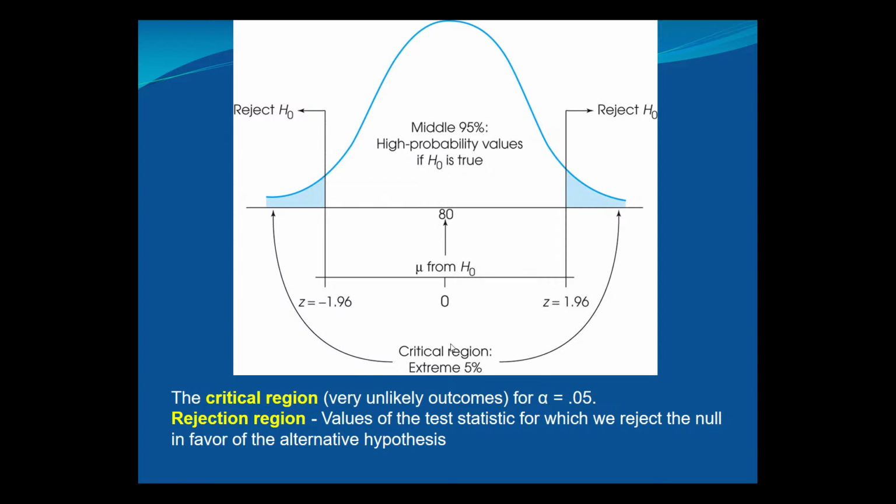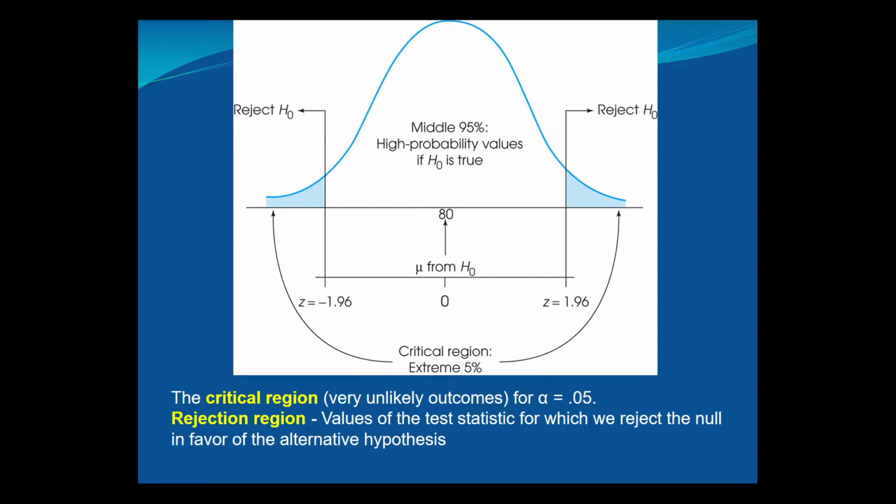If the mean is located outside this critical region, we conclude that there is enough evidence to reject the null hypothesis.